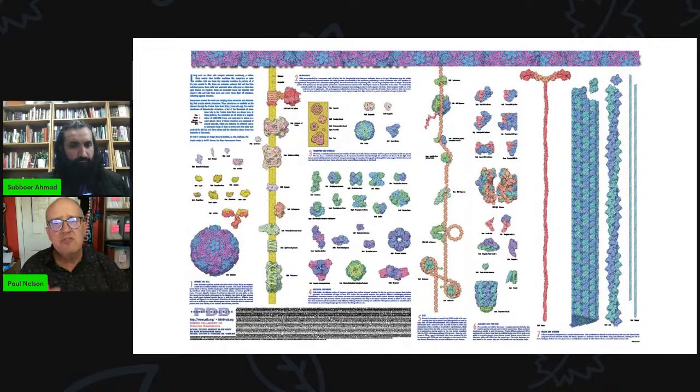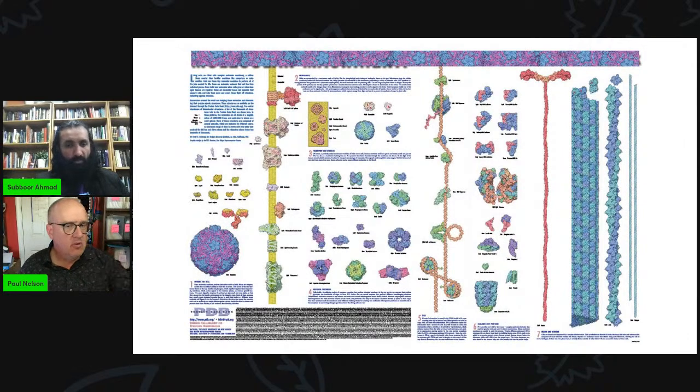Download some of these ribbon and barrel or three-dimensional diagrams, or look at David Goodsell's work, and you will see a tremendous diversity of shape and size. And the reason for that, you go back to the functional requirements of any real cell. Lots of different tasks to be performed. They can't be performed by the same molecular entities.